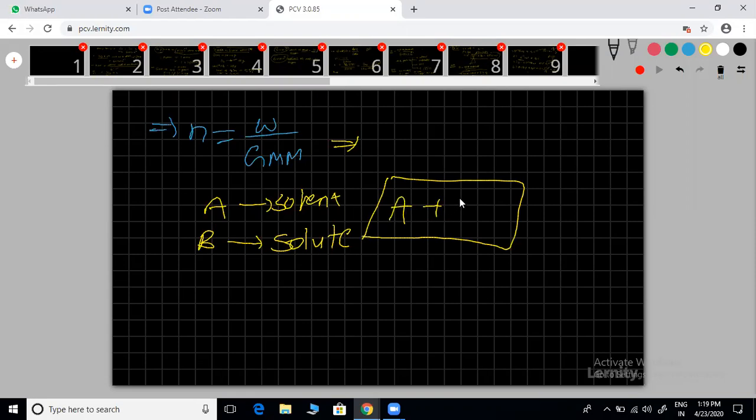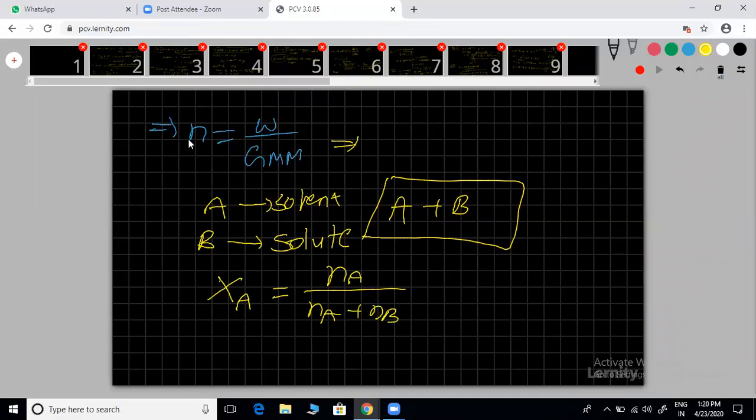A plus B gives the solution. Mole fraction of A equals moles of A by total number of moles, Na plus Nb.